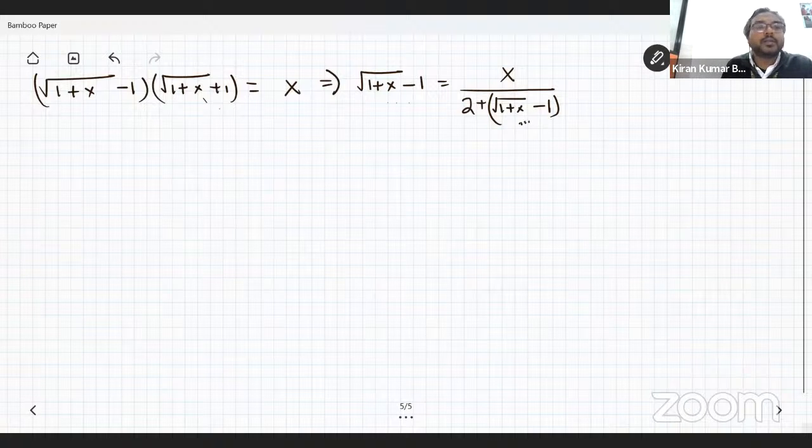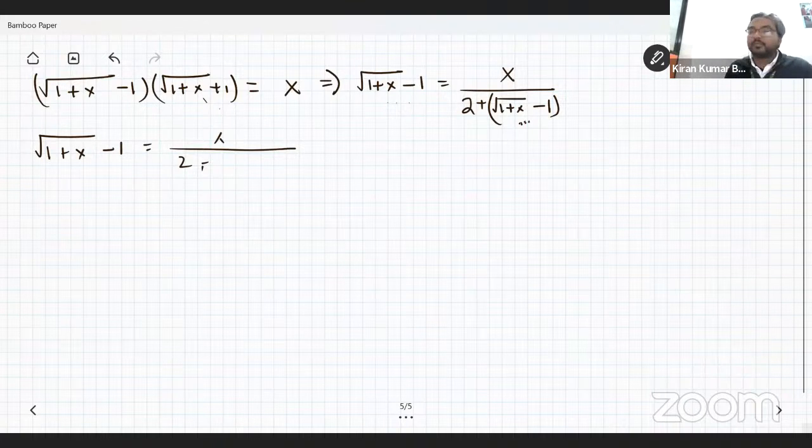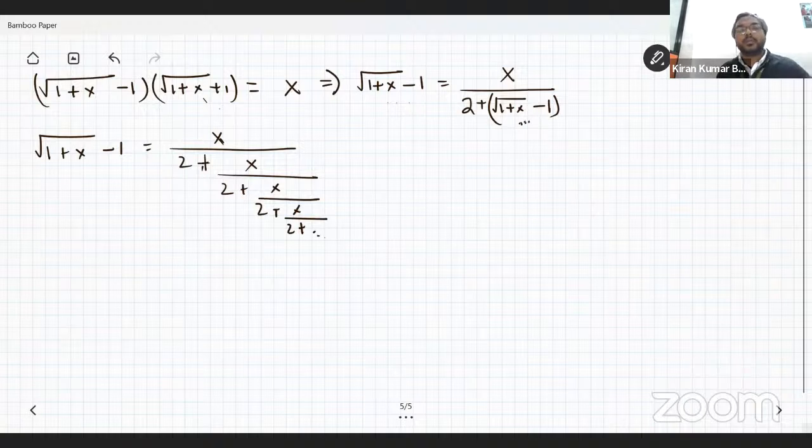So what I will get is √(1+x) − 1 is x by 2 plus x by 2 plus x by 2 plus x by 2 and so on. So this is a function of x and this is its continued fraction representation.